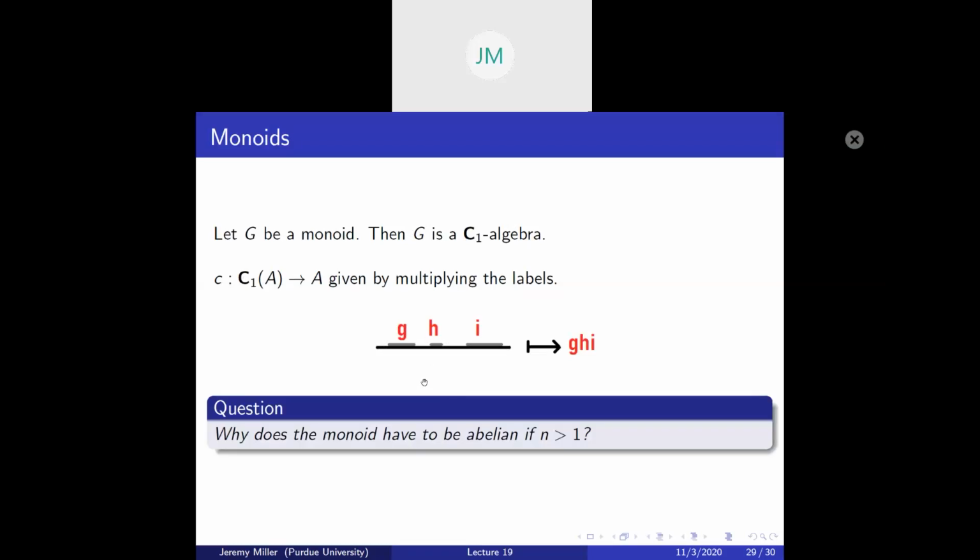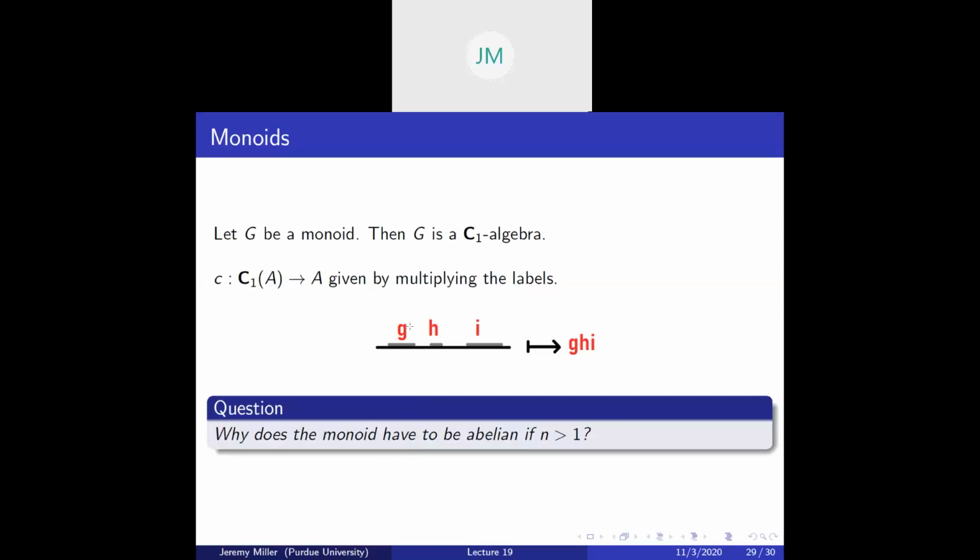So like, why does this construction require, how come we can use abelian monoids when n is bigger than 1, but for n equals 1, we needed, when n is at least 2, we needed to use abelian monoids. We could only use non-abelian monoids when n is 1. Like, why?